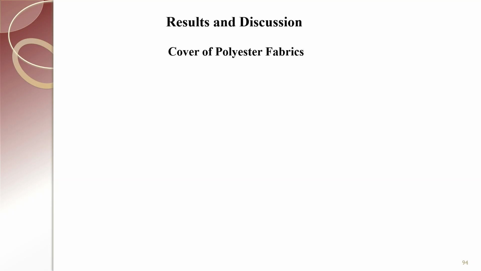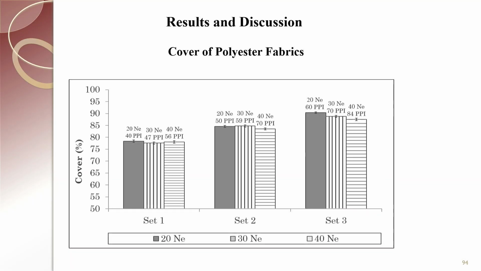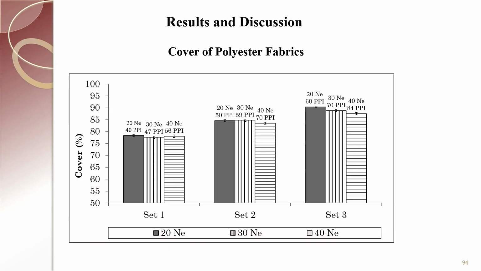Now, try to understand the results. So, cover of polyester fabric. We can see with set 1, a relatively open structure, the cover factor is around say 77 or like that.